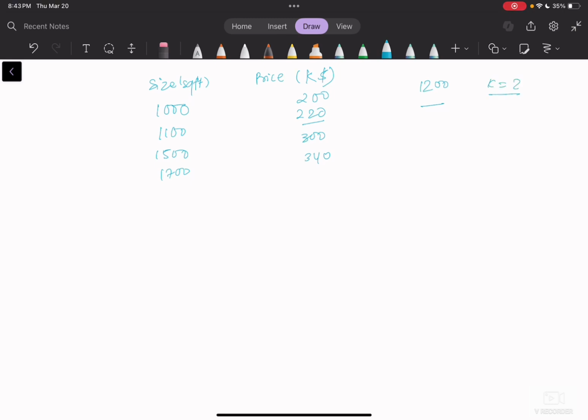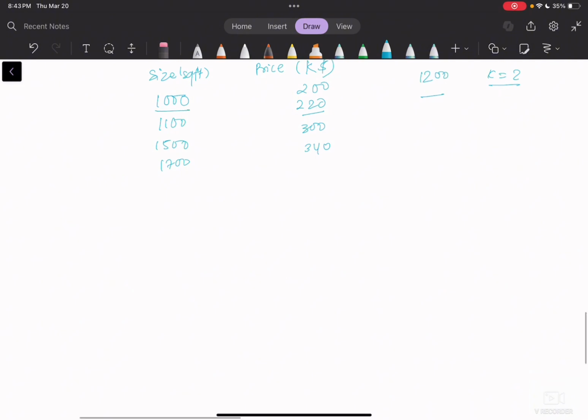So what would be the distance? Let's calculate. To 1,000, distance would be 1,200 minus 1,000, 200, and then to your 1,100 would just be 100. I'm just going to write it down because you know the formula already. That'll be 300, and then that would be 500. So which is the closest?